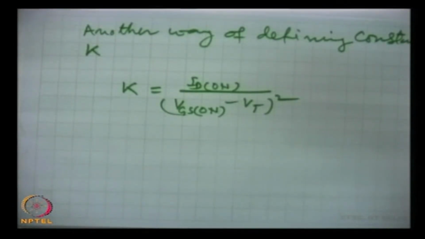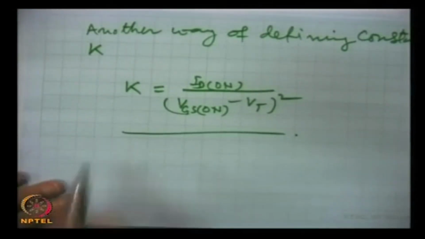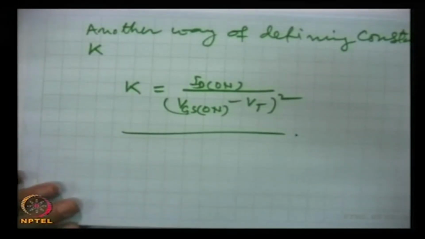So, this was about the ohmic region. Here we finish the ohmic region, and we remember this K because this will be used even in the saturation region and so on.